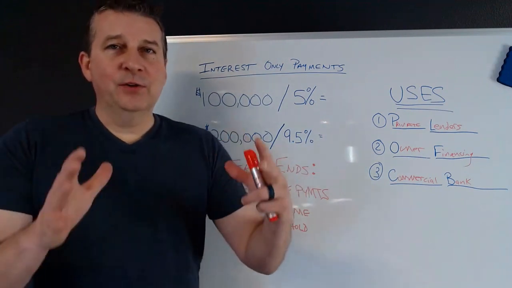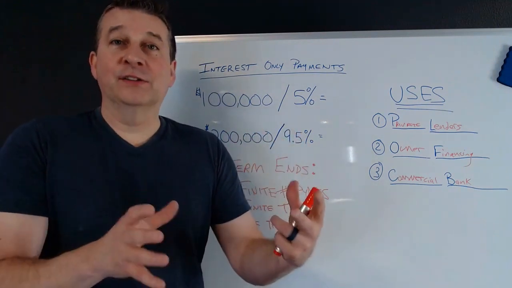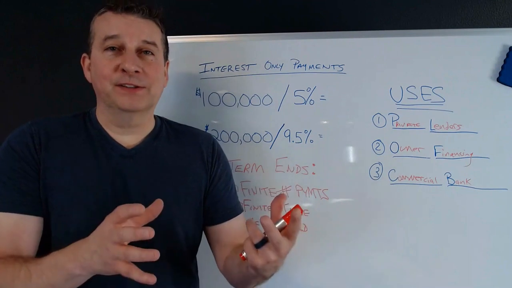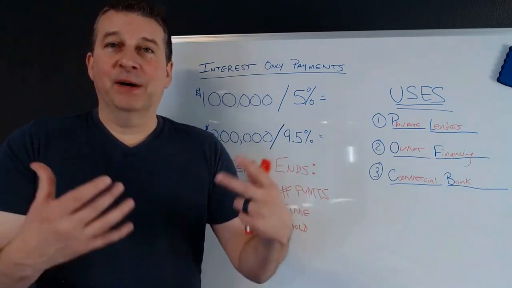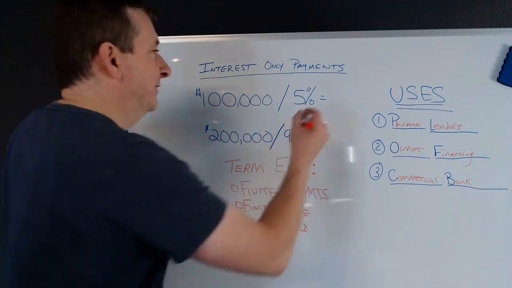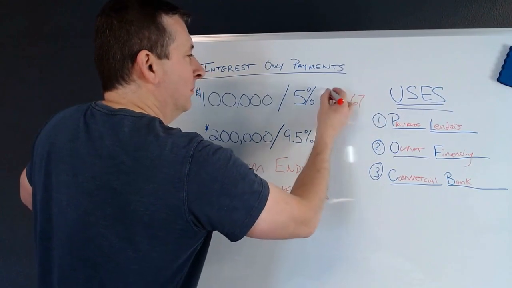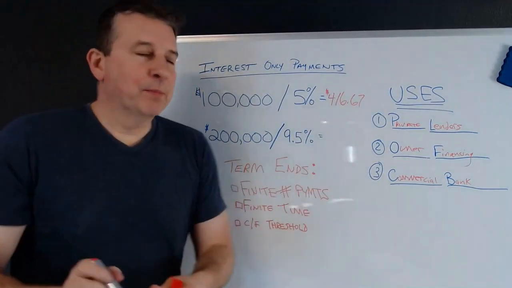So on an annual basis, the interest-only payments would accumulate to $5,000. Now to find out what that is on a monthly basis, you simply divide 5,000 by 12, and you'll get $416.67. Okay, so that's example number one.